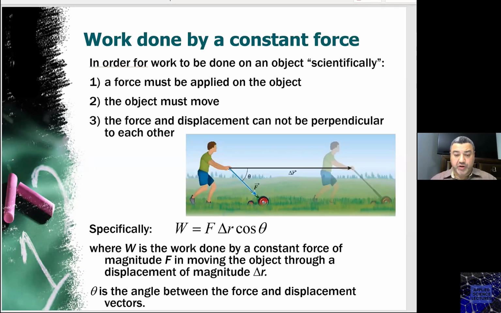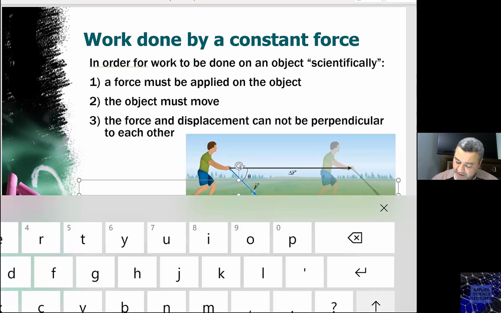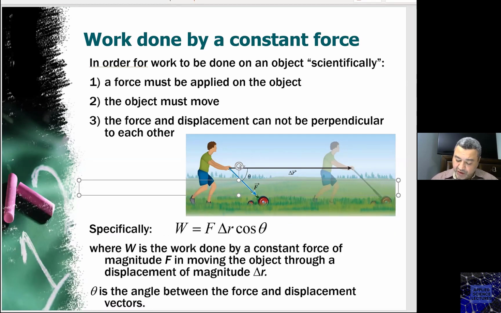So what is work? In general, we know that work is an effort that is exerted. And in our physics here, we know that the work is defined as the force that has been exerted on an object that resulted into a move for that object.